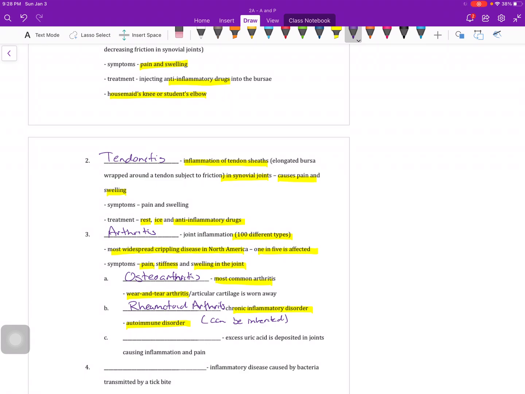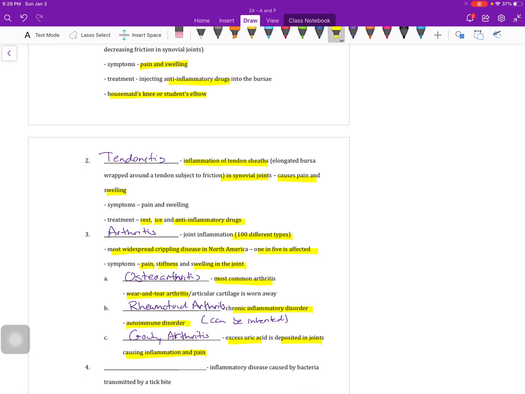And then you have what's known as gouty arthritis, gout. Excess uric acid deposited in the joints. Again, inflammation and pain. Inflammation is a common theme running through all of these.